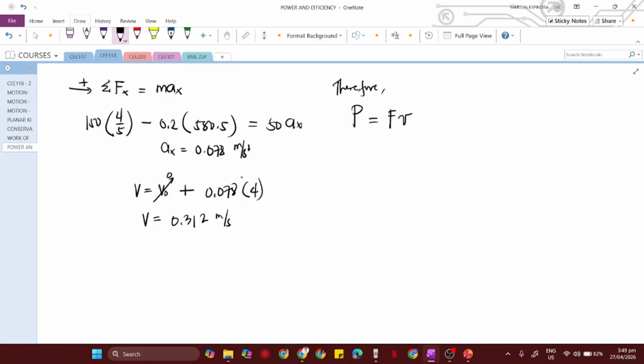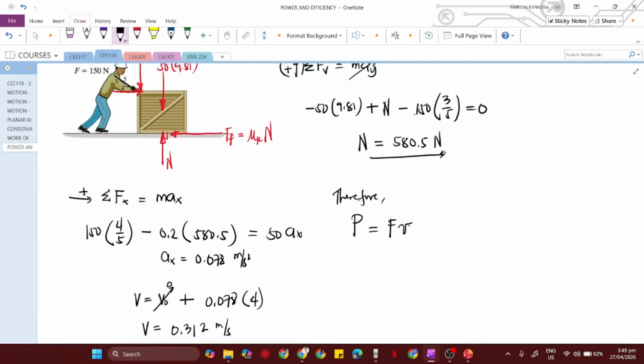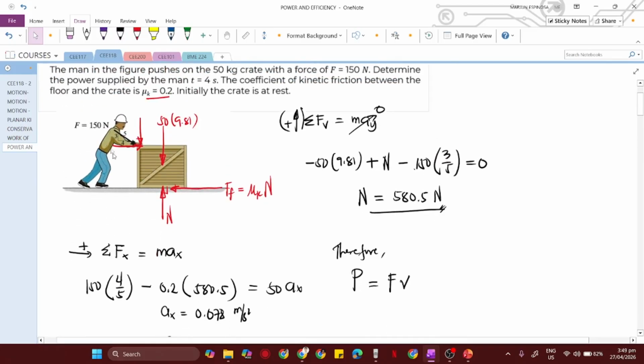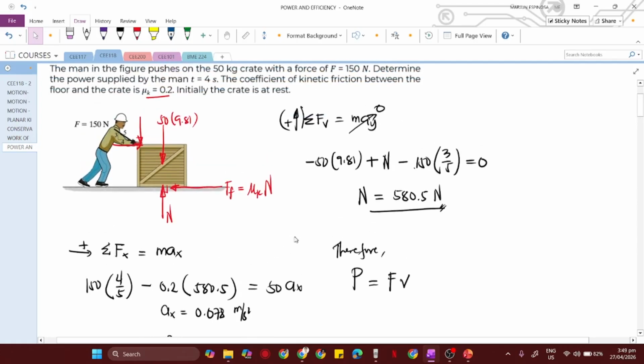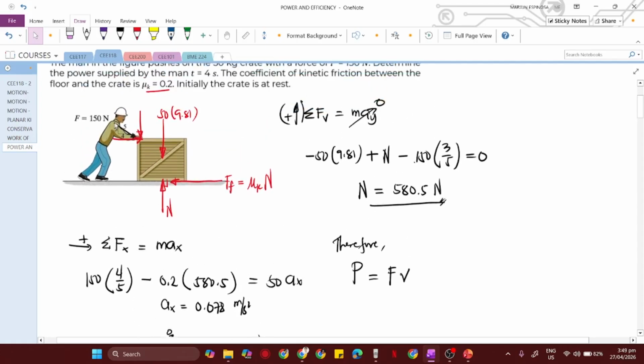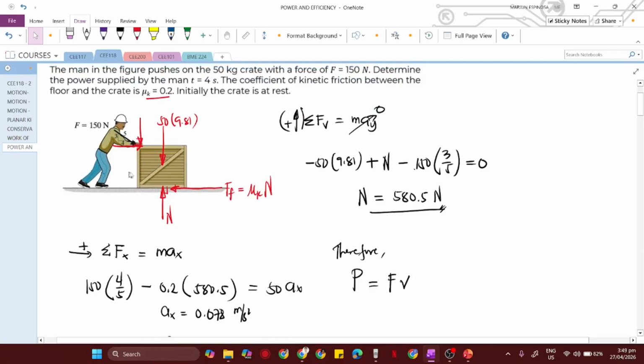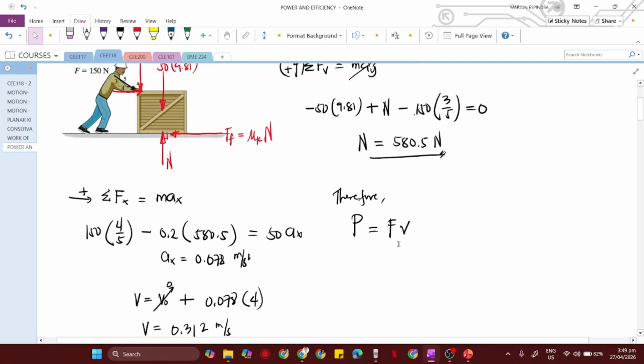Now, ano yung gagamitin nating force? Is it 150 or yung along sa horizontal? Kapag naka-incline yung force natin, you always remember na yung force na gagamitin natin dito is yung effective force. Meaning to say, yung effective force is along the surface. Okay?